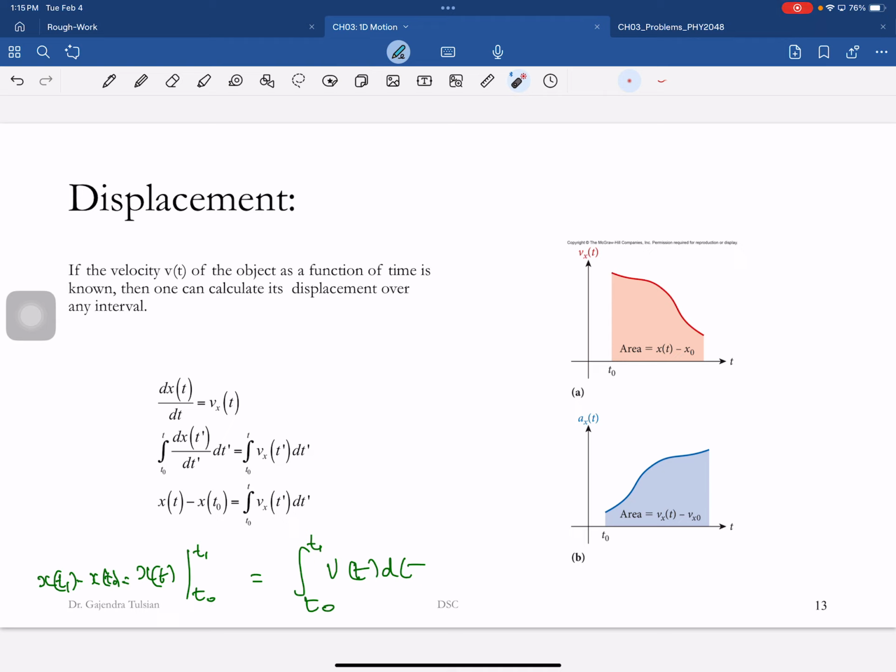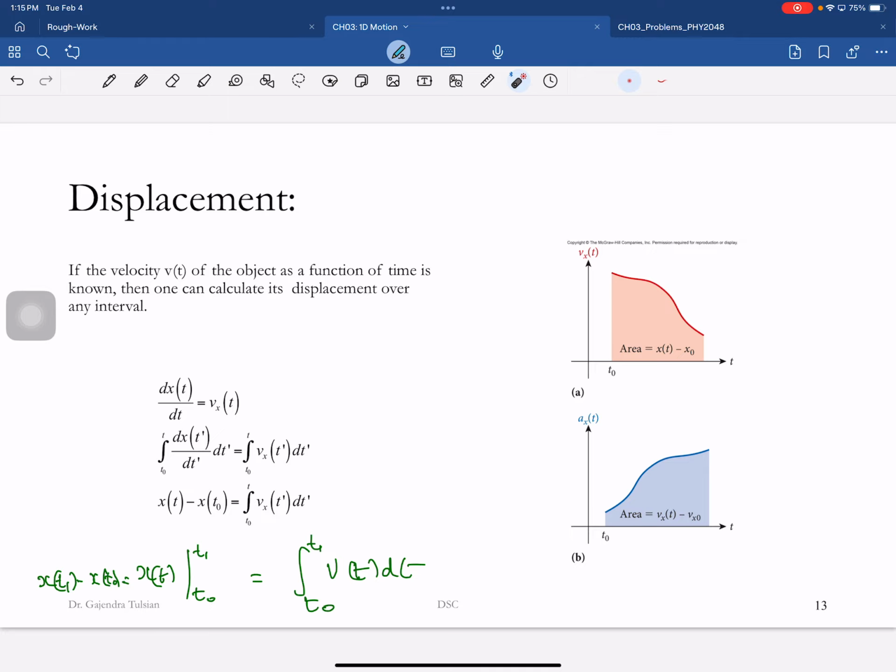But we saw that that integral is an area. Okay? So that integral is the area under this curve. When you plot velocity as a function of time, this area is the displacement. Again, we're just showing you this. We won't use this a whole bunch. If you plot acceleration versus time, the area under that curve is the change in velocity.